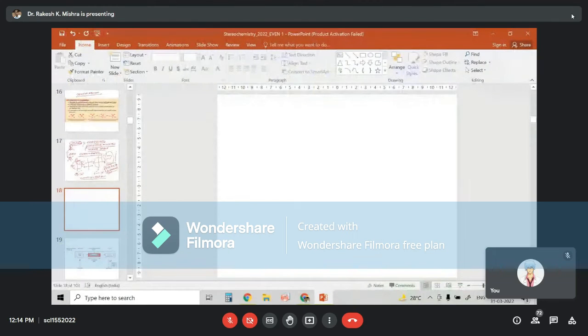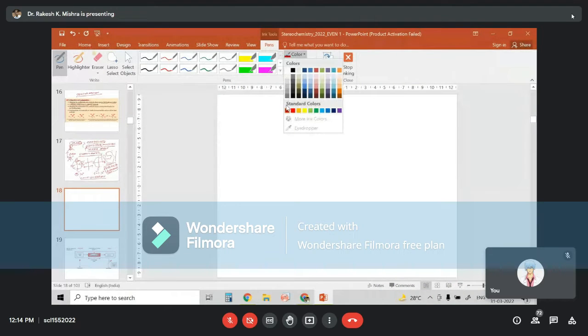Okay, this is in 2D form, 1, 2, 3, 4. There are different ways to represent a chiral compound on 2D sheets.